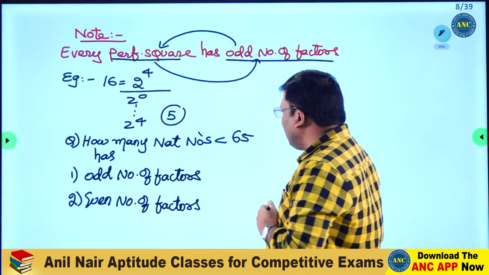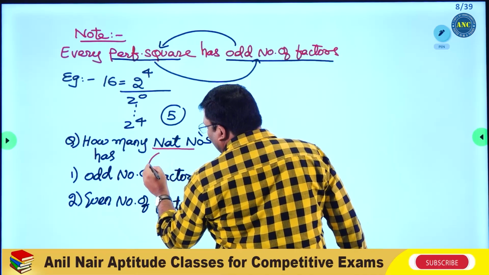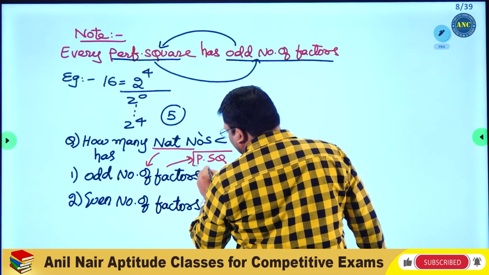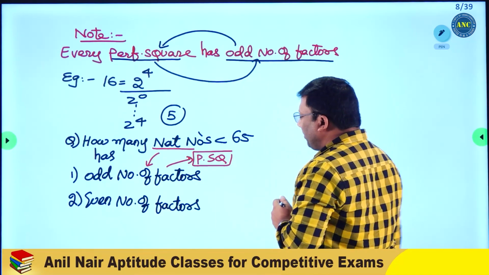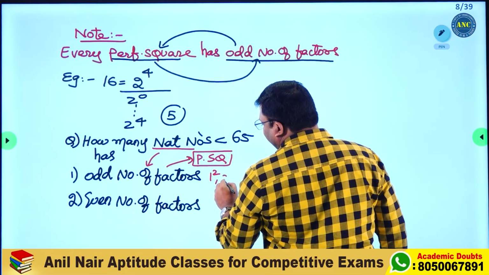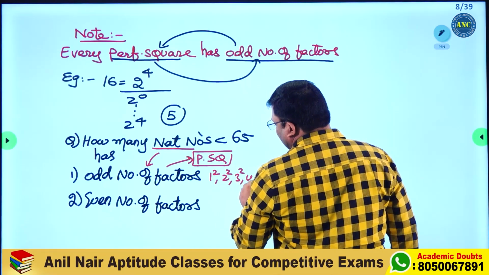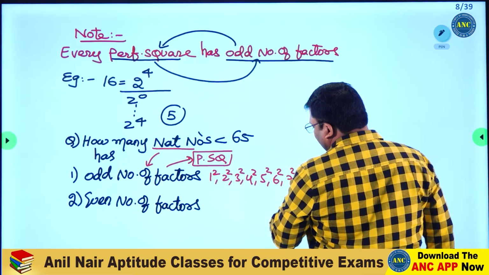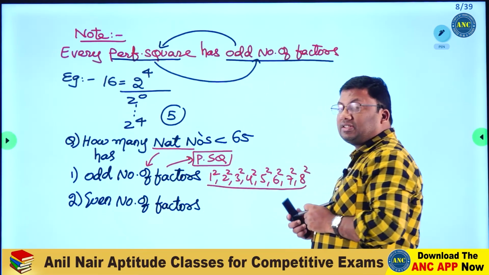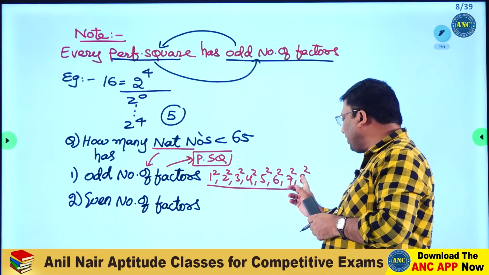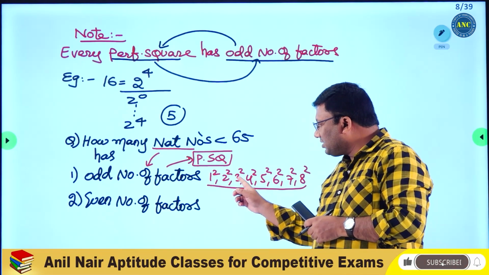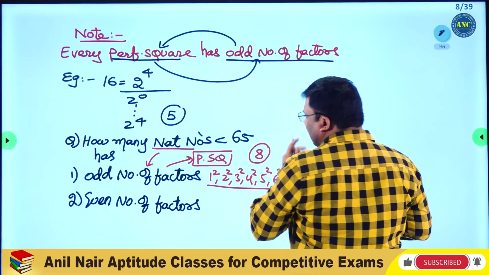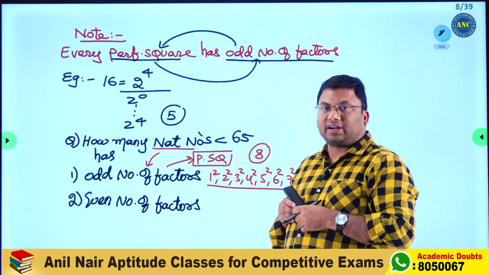Which natural numbers will have an odd number of factors? That number will be a perfect square. How many perfect squares are less than 65? 1 square, 2 square, 3 square, 4 square, 5 square, 6 square, 7 square, 8 square. So the total number of natural numbers less than 65 which have an odd number of factors is 8.